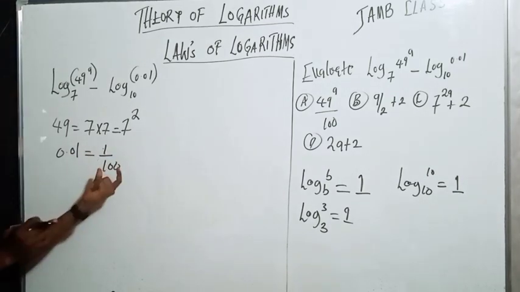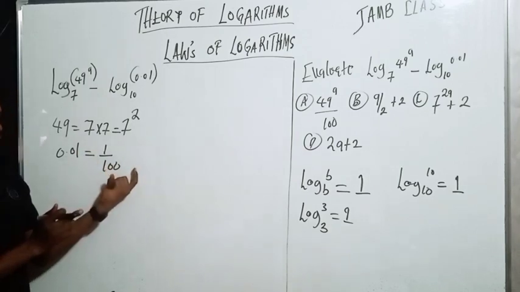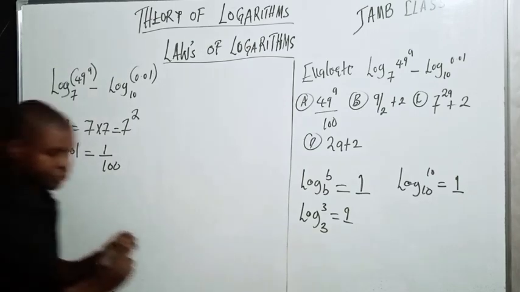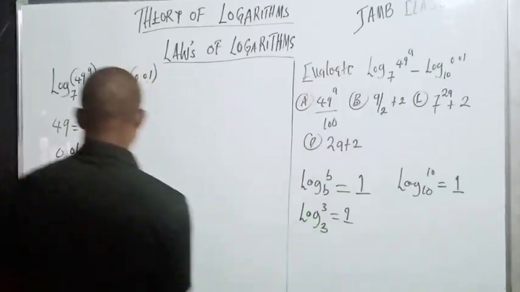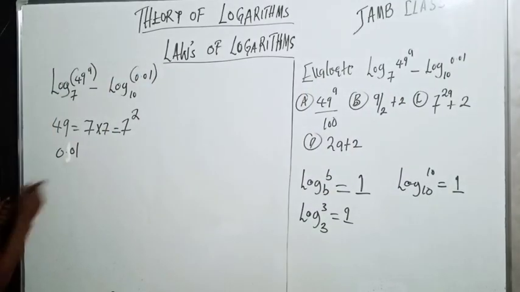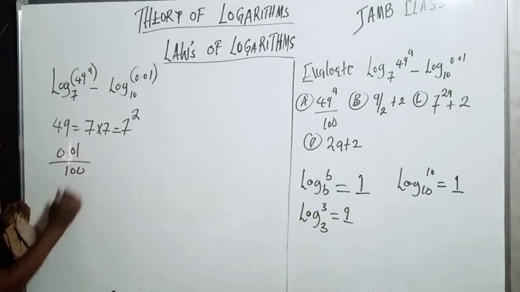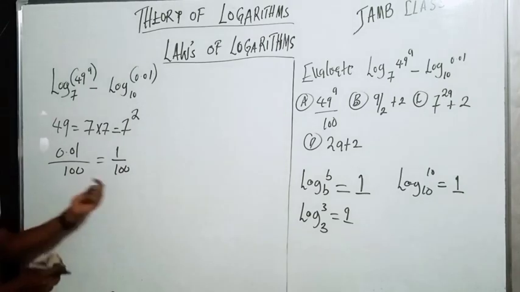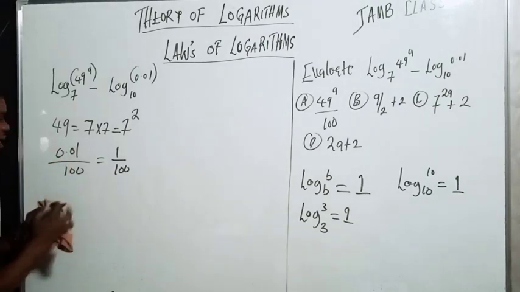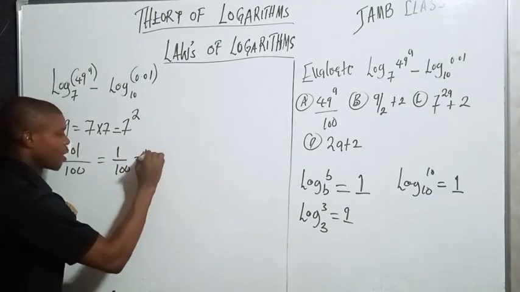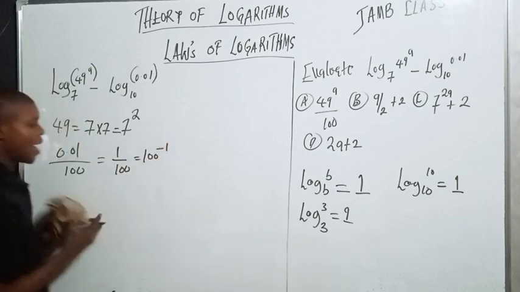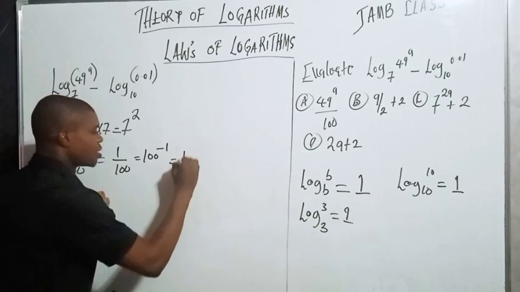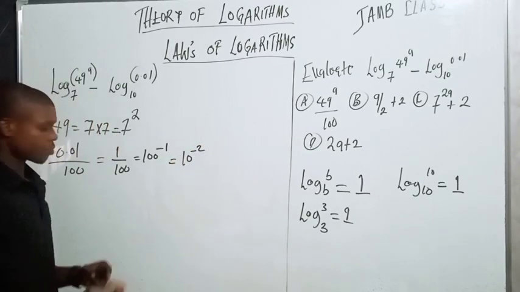These are things you need to pay close attention to, because if I want to remove the decimal point, I will have 100. So instead, 1 over 100. When you divide, you also take it back. This is 100 raised to minus 1, which is also 10 raised to minus 2.